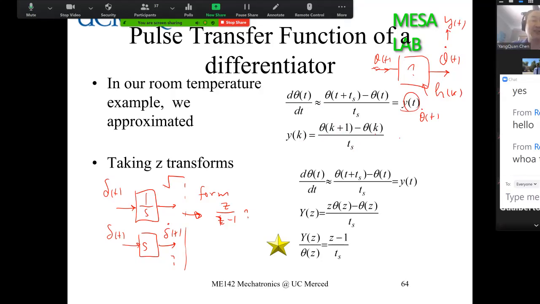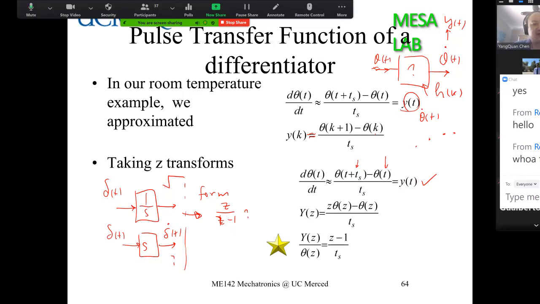So this is a finite difference approximation of that, so this is approximate. And when we sample, this is the current one, this is the next sample. In between t and t plus Ts there's nothing there, because these are all dots, okay?